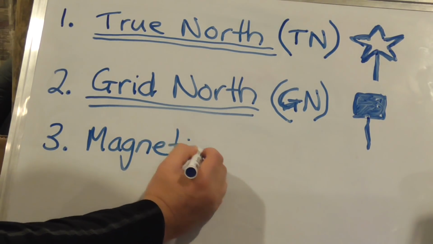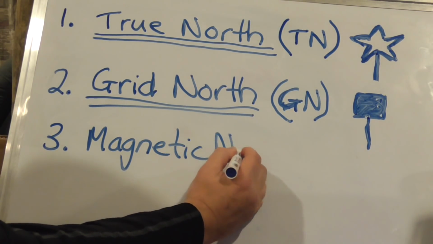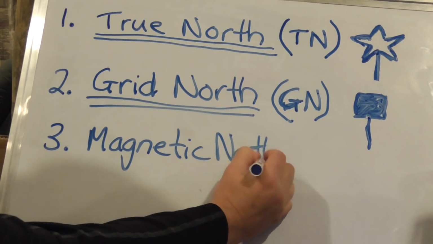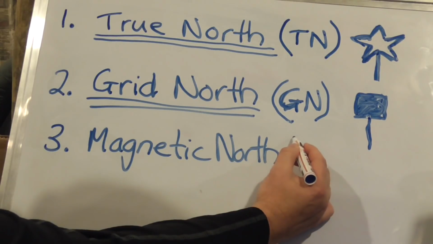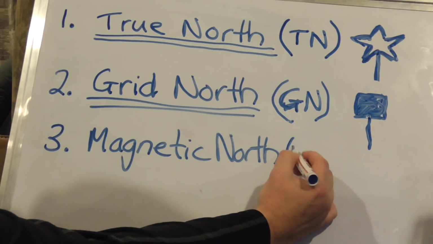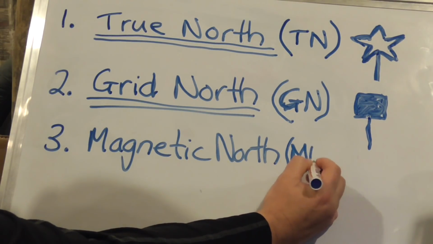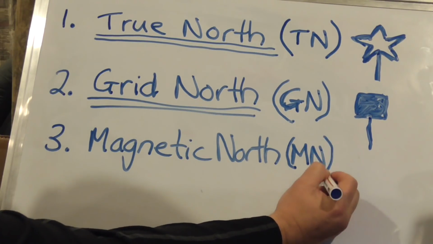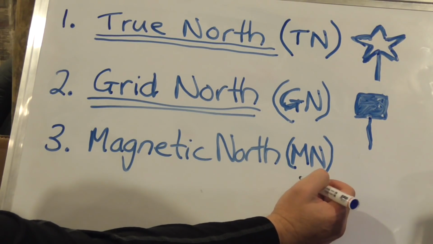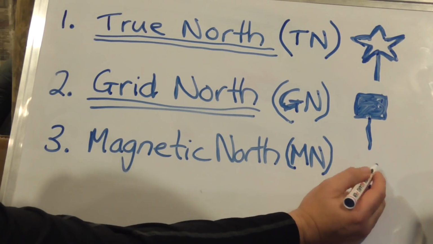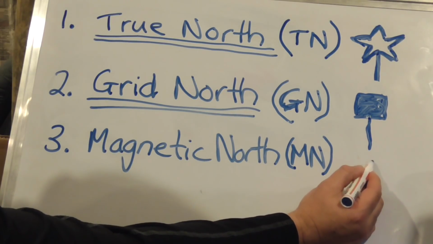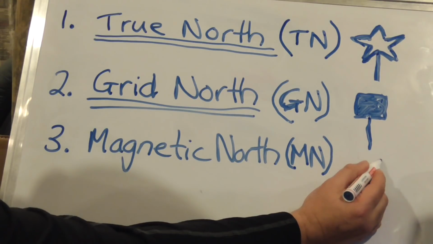Magnetic north. That's abbreviated obviously with MN, or Mike November. And magnetic north is normally abbreviated with an arrow.